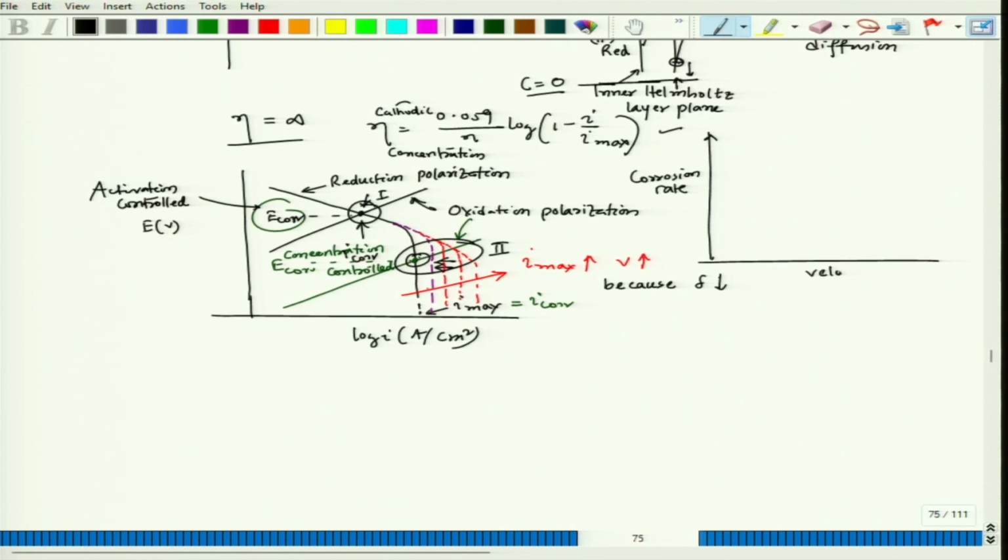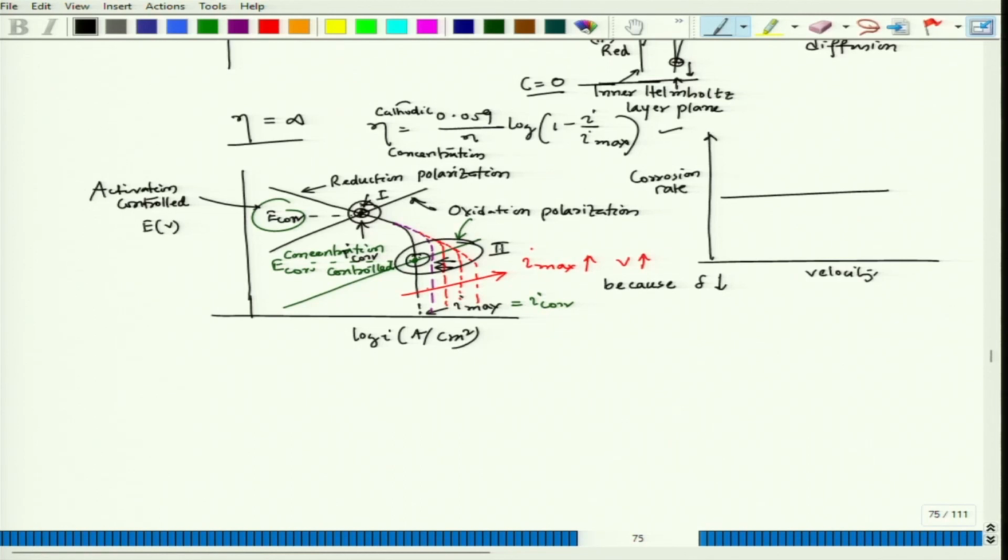This is velocity. If it is activation controlled, I could see all the time the corrosion potential as well as the I curve remain at the same point. So, if we try to find out the corrosion rate, it will be a flat line with respect to velocity.